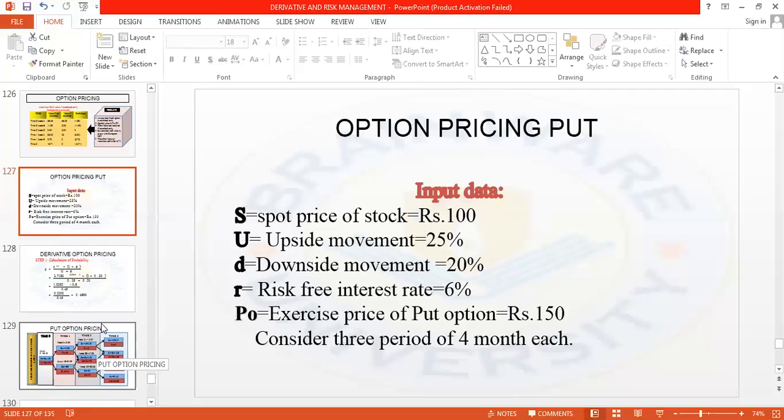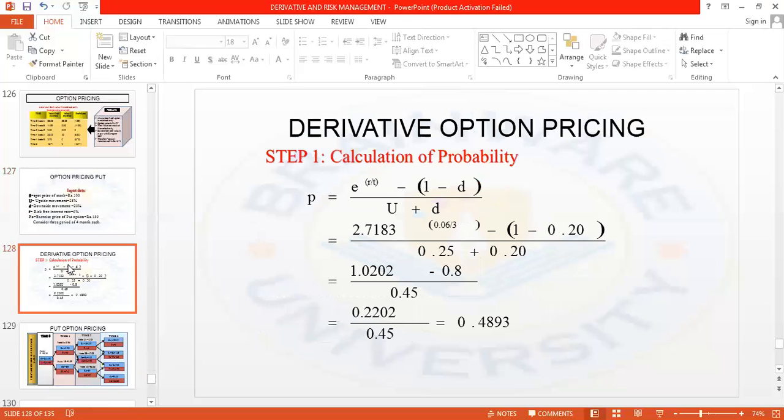On the basis of that, in the next slide, we have first calculated the expected probability of upside and downside movements of the share price in one particular time frame of 4 months. And this probability will remain unchanged whether I move from time 0 to time 1, time 1 to time 2, or time 2 to time 3.